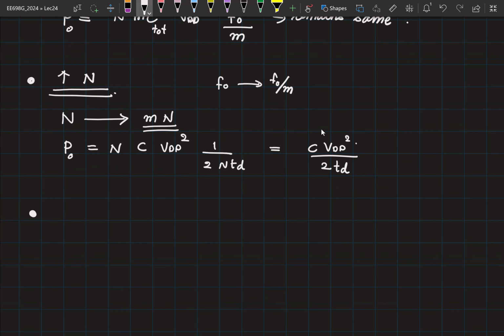Okay, so the next step is wherein you are increasing the length. Why don't you tell me by how much we need to increase the length and how the power is going to change?